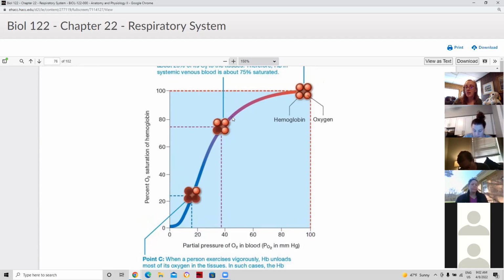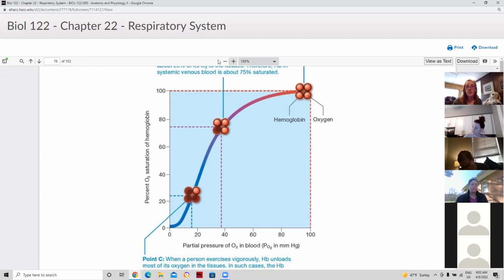However, getting the fourth one on is harder. And removing that fourth one is harder. But once the first one gets removed, the second one gets removed easier. The third one gets removed easier.